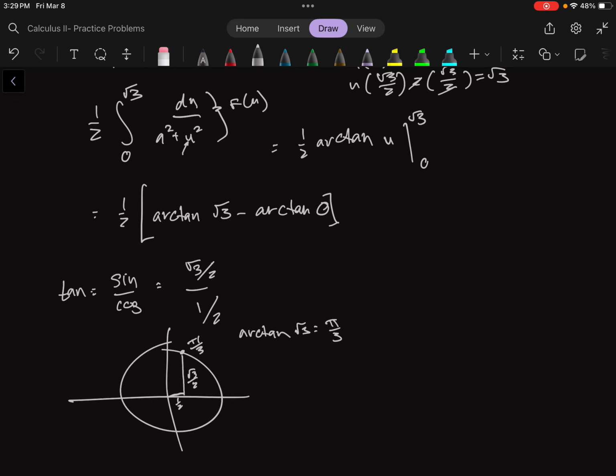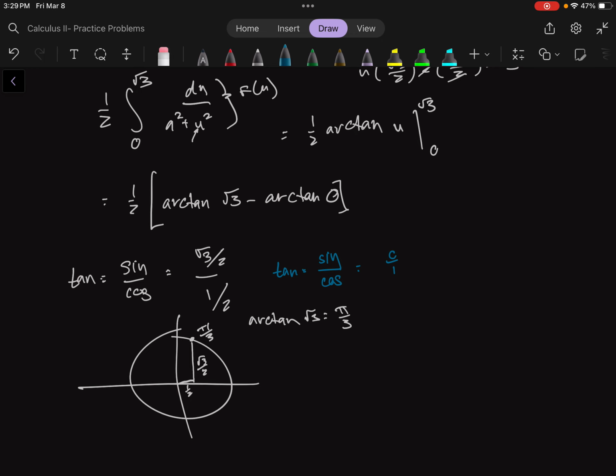Sine over cosine is tangent. We want that to equal 0 over 1, right? So where on the unit circle, I'll do it in a different color, does sine equal 0 where cosine equals 1? Well, that is easy. Right here at 0.